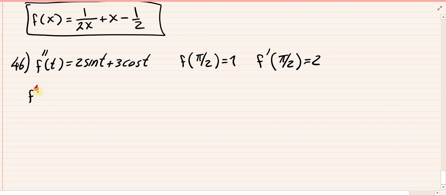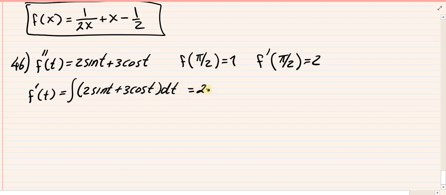Now, f prime of t is going to be the integral of 2 sine t plus 3 cosine t dt. That's 2 times the integral of sine, which turns out to be negative cosine, because the derivative of negative cosine is sine, and the integral of cosine is going to be sine, because the derivative of sine is cosine, plus a constant.